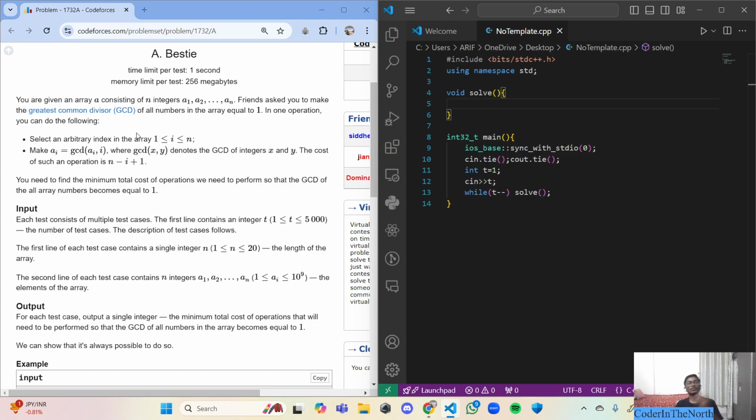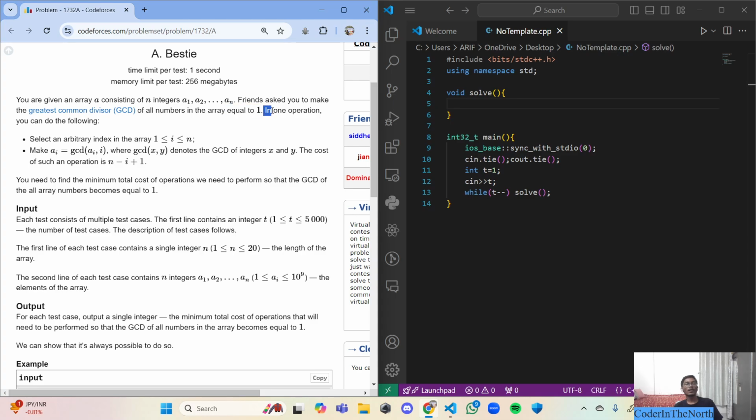Okay, let's see what the question is. We have an array A consisting of n numbers a1, a2 to an. Friends ask you to make the GCD of all numbers in the array equal to 1.